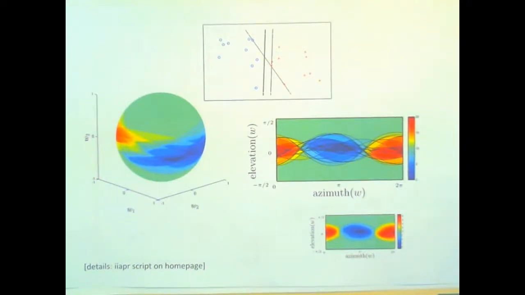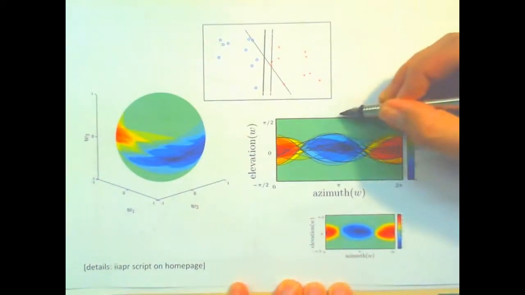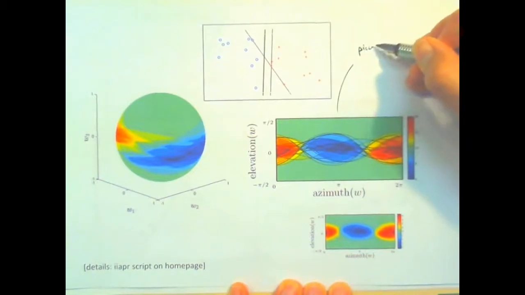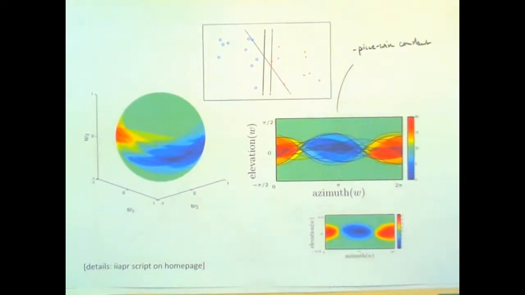We can make a couple of interesting observations in this plot. We see that it's piecewise constant. And by the way, these contour lines, you will perhaps guess that they are somehow related to these 20 points.